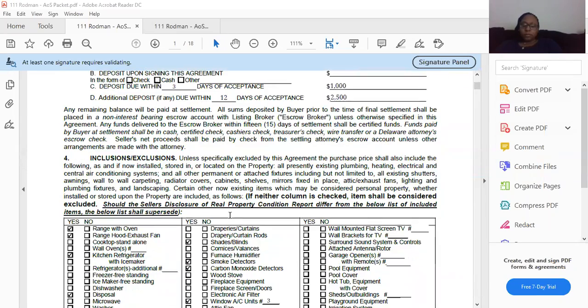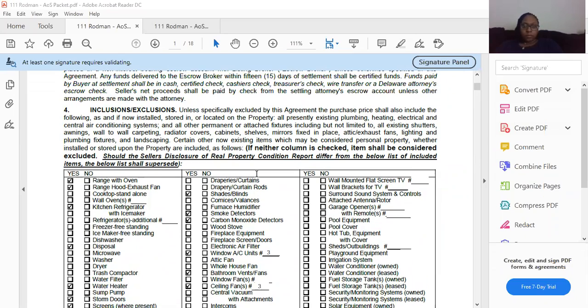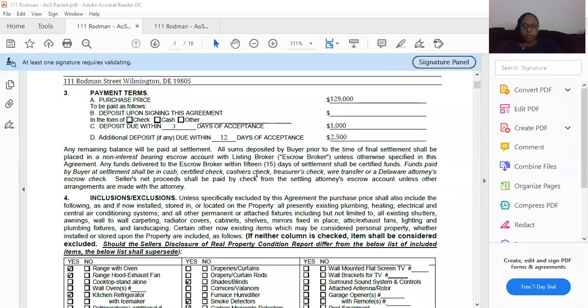Absolutely. So then section 4 talks about inclusions and exclusions. So you will notice this box right here. Hold up, Leon, can you go back to that whole meaning of don't let it exceed the inspection date? I'm confused. This date says an additional deposit is due within 12 days of acceptance.